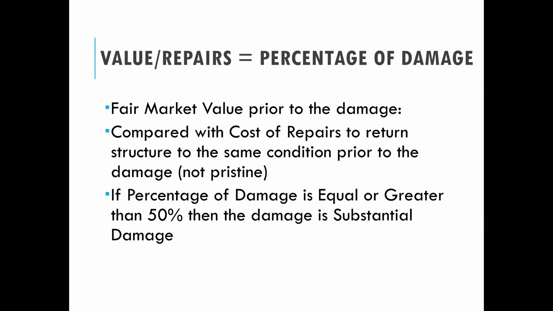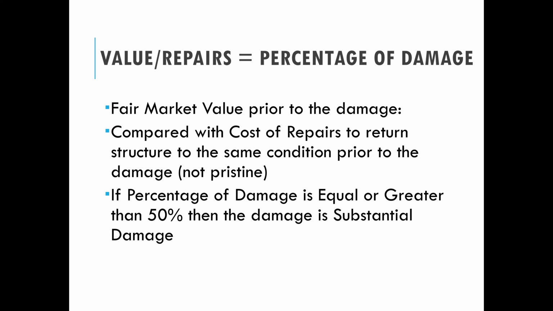Again, value versus repairs is the percent of damage. So the fair market value prior to damage, you compare that to the cost of repairs, and there are different ways to determine that.